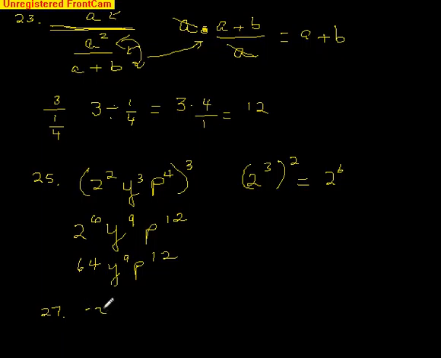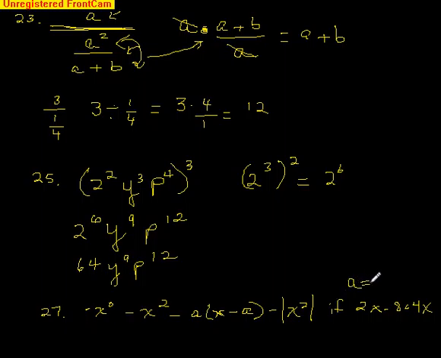So we get minus x to the 0, minus x squared, minus a times x, minus a, minus the absolute value of x squared, if 2x minus 8 equals 4x and a equals square root of 16. Oh, that's a killer one.